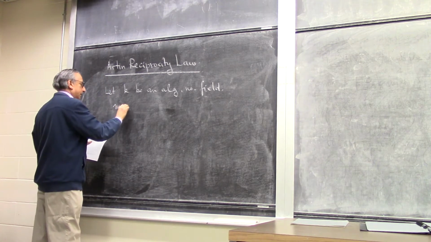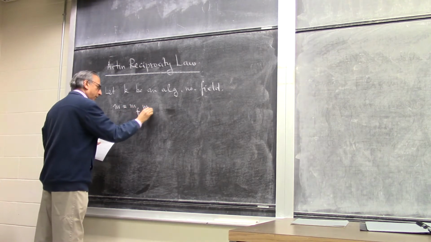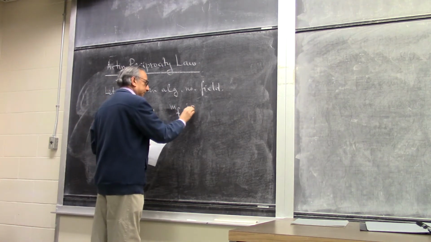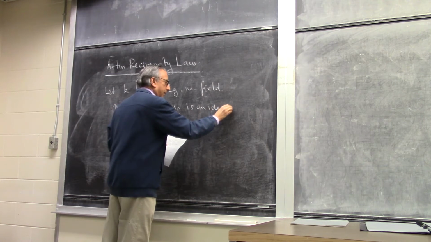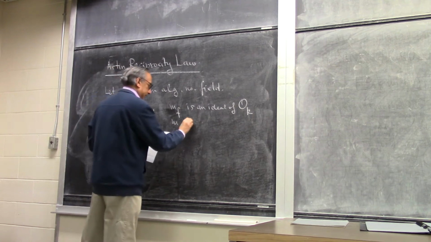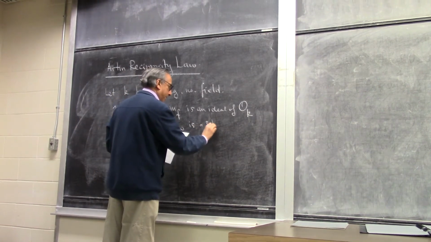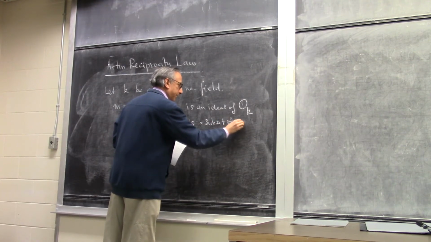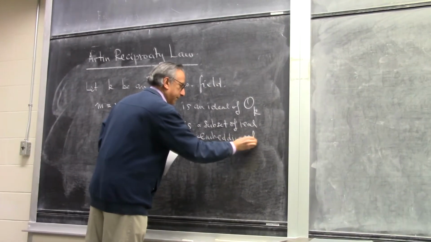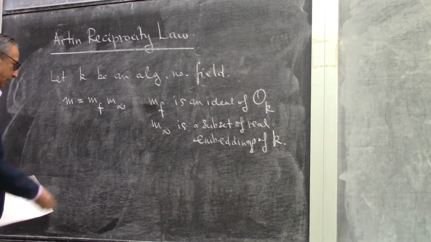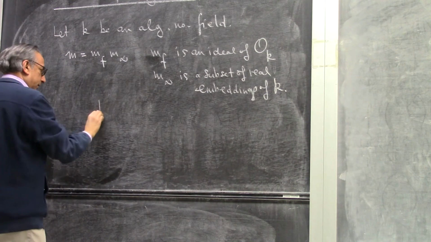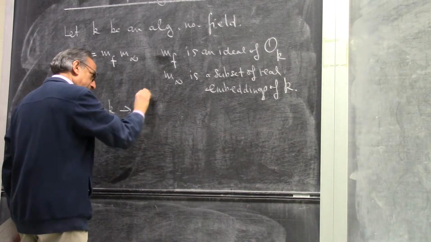So a generalized ideal is something of the form m = m_F m_infinity, where m_F is an ideal of O_K, and m_infinity is a subset of real embeddings of K. So for example, you have the ith conjugate, so these are real conjugates, the various conjugate fields K to K_i.